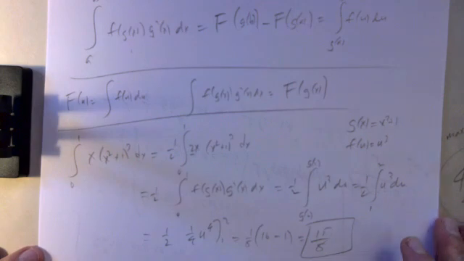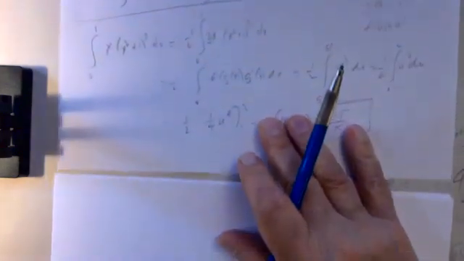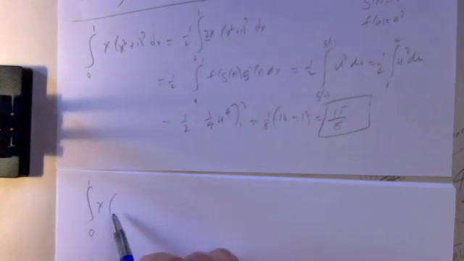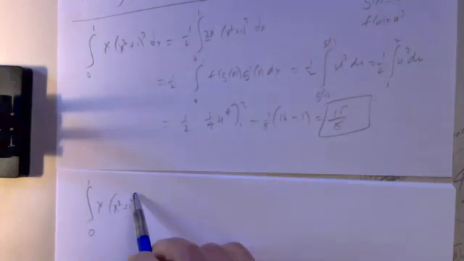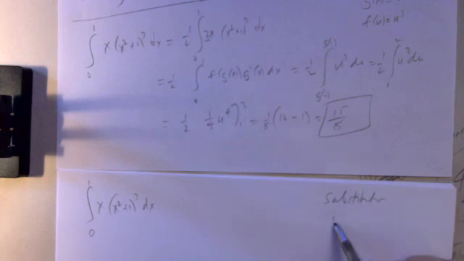So another way to look at this problem is, we have the integral from 0 to 1 of x times (x squared plus 1) cubed dx. And we're going to make a substitution. We're going to let u equal x squared plus 1. So du is 2x dx; du/dx is 2x.